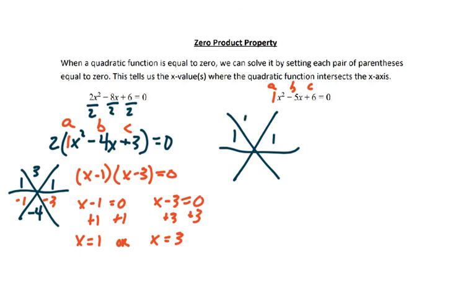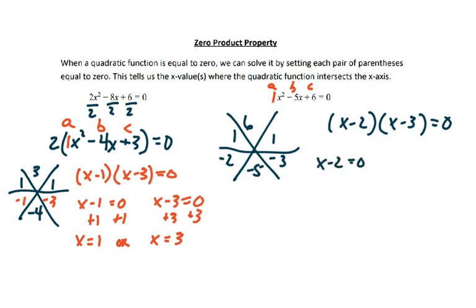That's 1, 6, negative 5. Looks like negative 2 times negative 3 would give us positive 6, but add up to negative 5. We have the problem x minus 2 times x minus 3 equals 0. And that's going to lead us to doing x minus 2 equals 0, x minus 3 equals 0, which when I solve means this particular problem crosses the x-axis at an x value of 2 and an x value of 3.